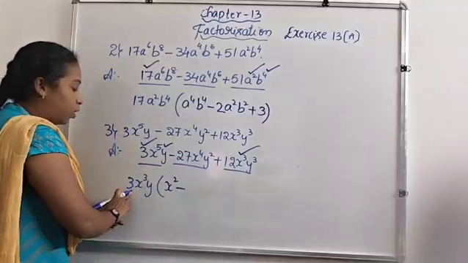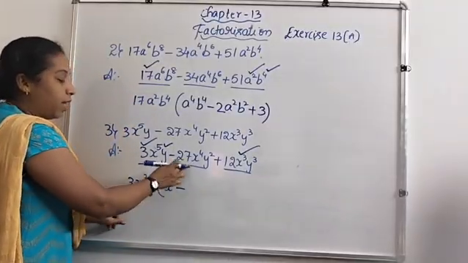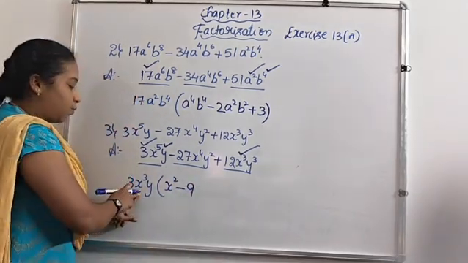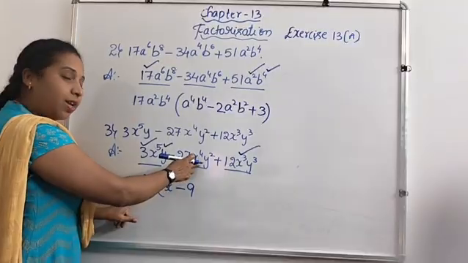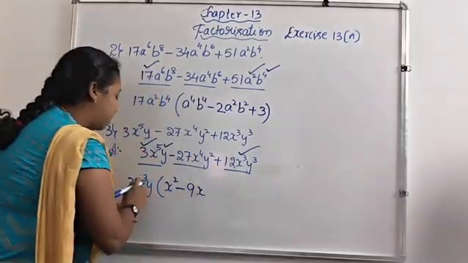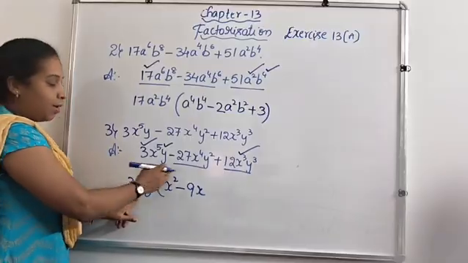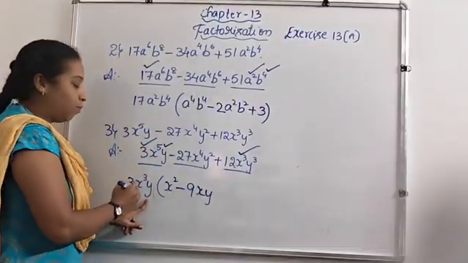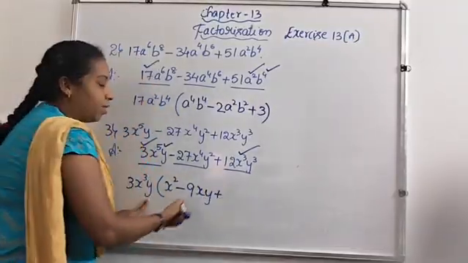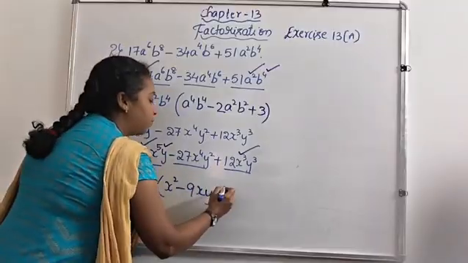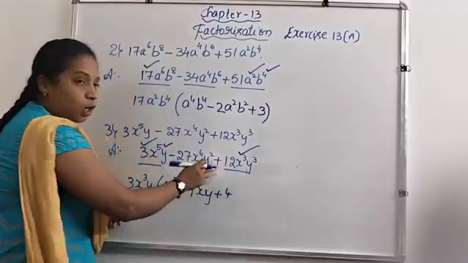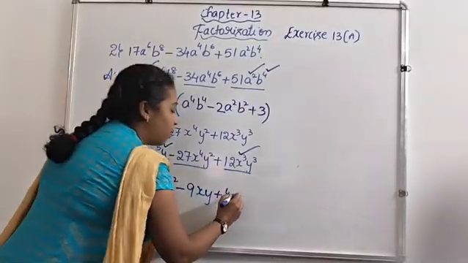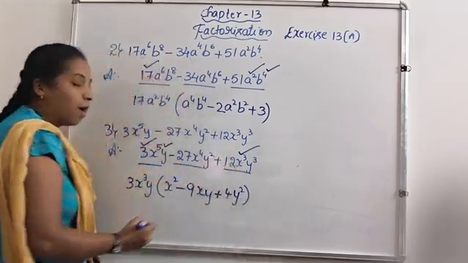Minus, 3 nines are 27. x to the power of 3, x to the power of 4, remaining is x. y square, the remaining is 1 time and the sign remains the same, that is plus, and 3 fours are 12. x cube as it is, here y, there y cube, so remaining is y square.